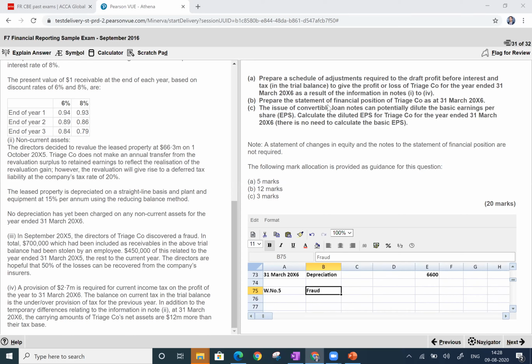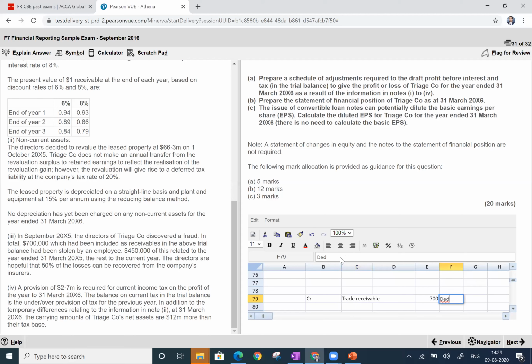So how do you correct this error? You credit trade receivables, which means deduct trade receivables. Credit trade receivables means you have to subtract it. Credit trade receivables by how much? 700.